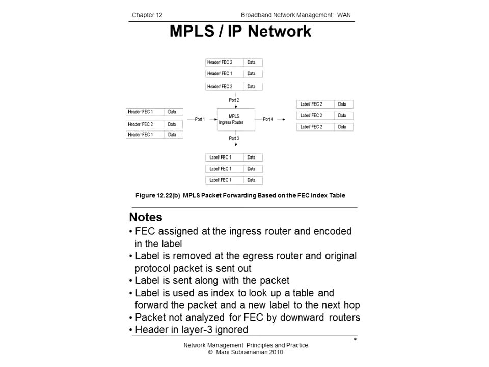The label is sent along with the packet, and at subsequent hops, the label is used as an index into the table. It specifies the next hop and a new label. The old label is replaced with the new label and the packet is forwarded to its next hop.